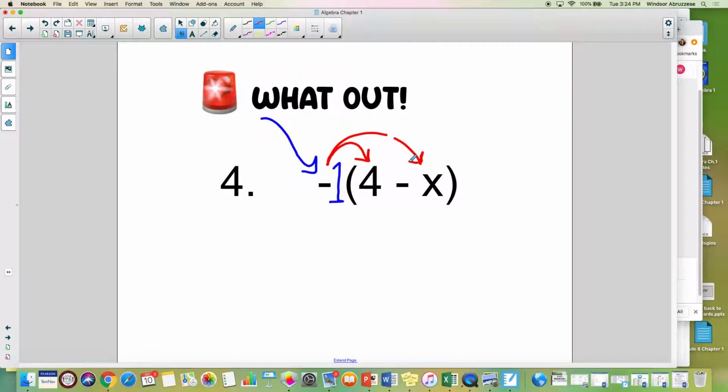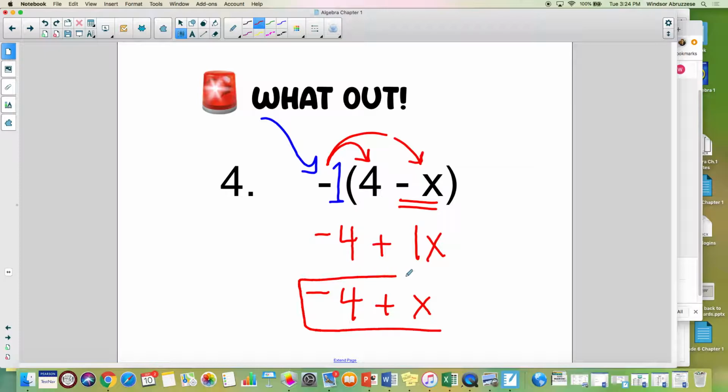So it's negative 1 times the quantity of 4 minus x. Negative 1 times 4 is negative 4. Negative 1 times a negative x is a positive 1x, or sometimes we just write it as plus x. Again, you cannot combine these two terms because they are not alike.